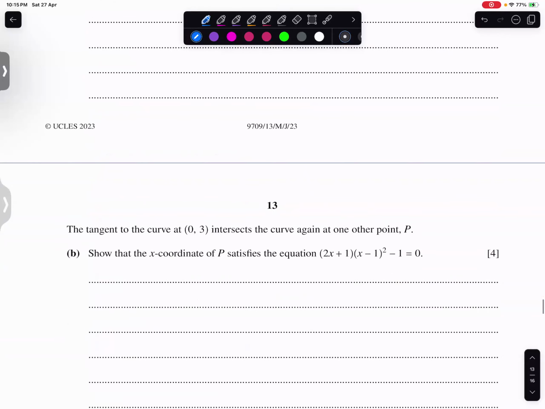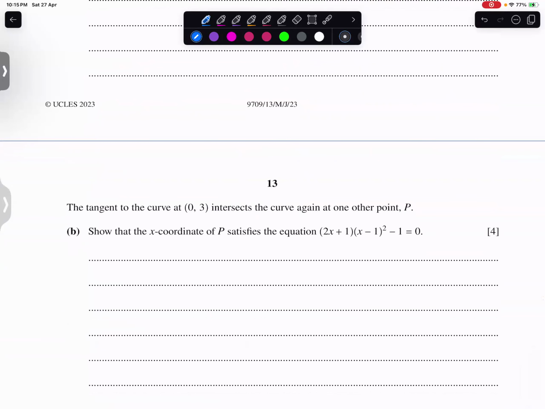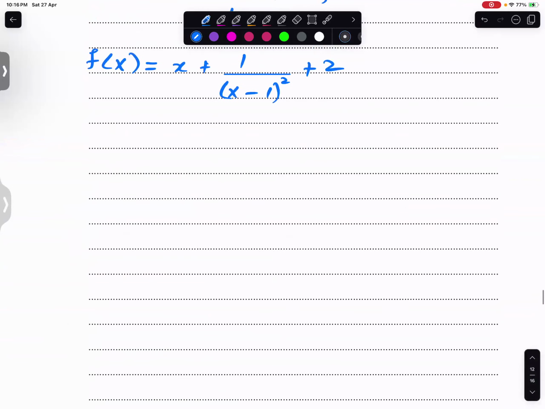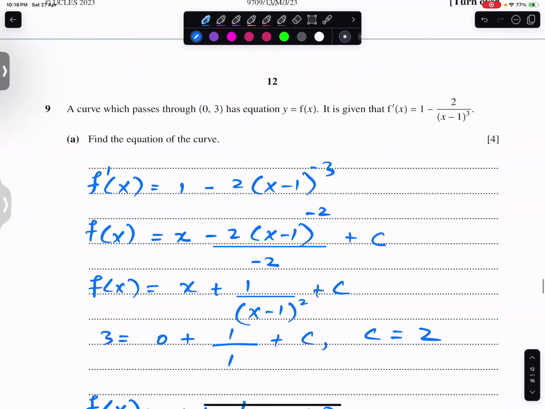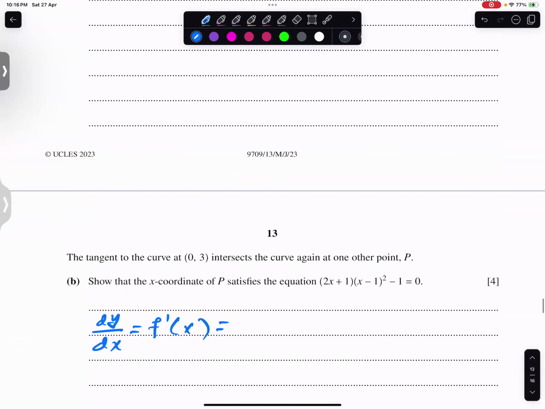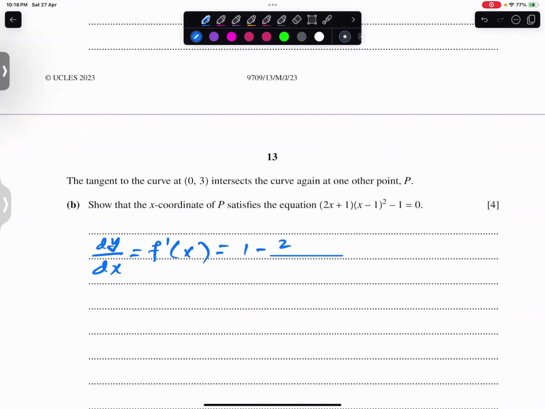The tangent to the curve at 0, 3 intersects the curve again at one other point. So let's find the equation of tangent at 0, 3. As the derivative, f prime of x, was given, f prime of x was 1 minus 2 over x minus 1 whole cube.